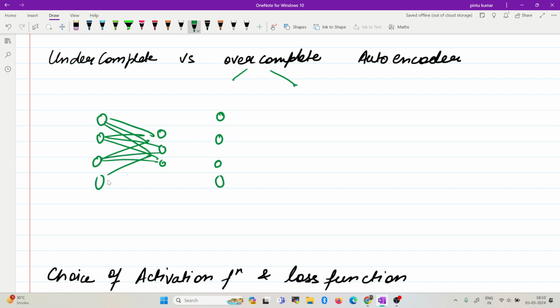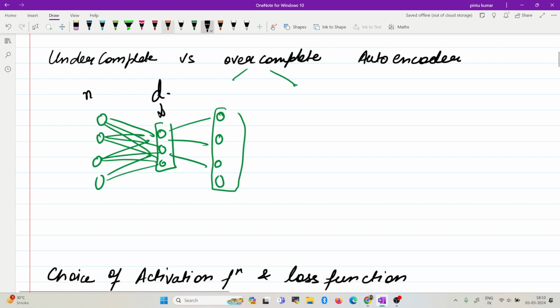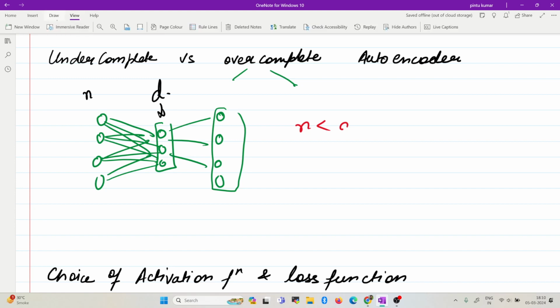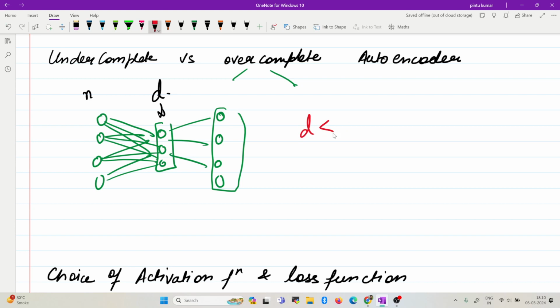If my input dimension was n, and the dimension d of the hidden feature is less than n, then this autoencoder is called an undercomplete autoencoder.